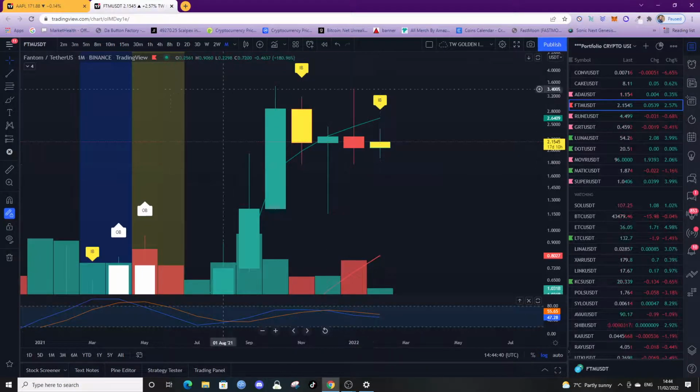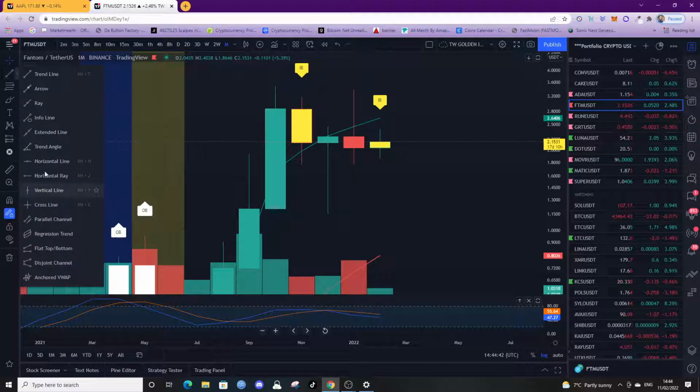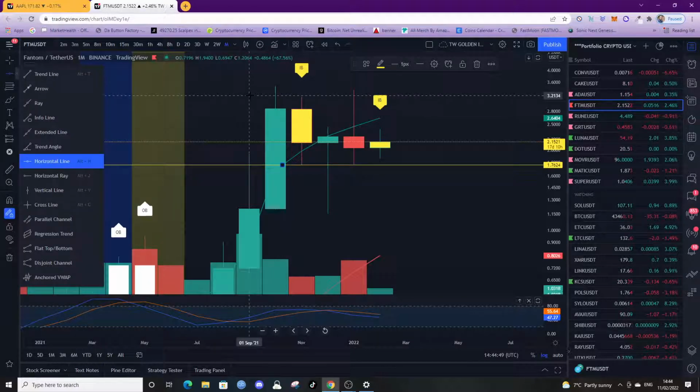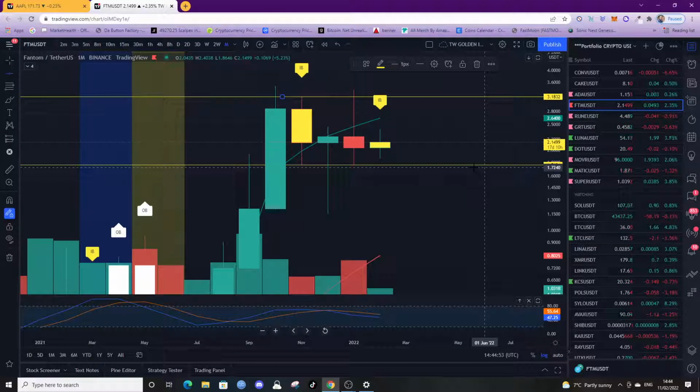So how you'd play these, you'd play them at the break, either the top or the bottom. As you look at them like that, you don't know which way they're going to go. So you could play the break of both sides. But if you wanted to drill down into them candles, you can get your bias from there if you want by using Fibs and all kinds of things.